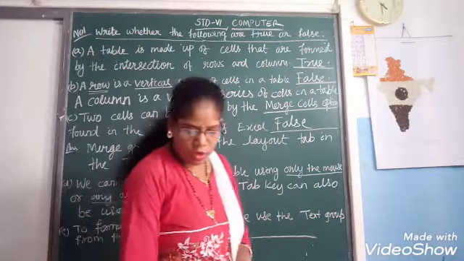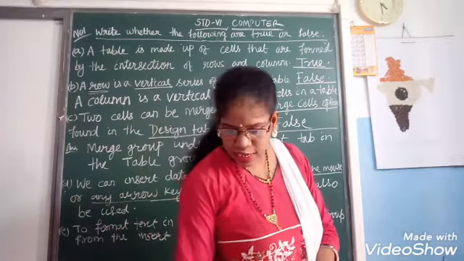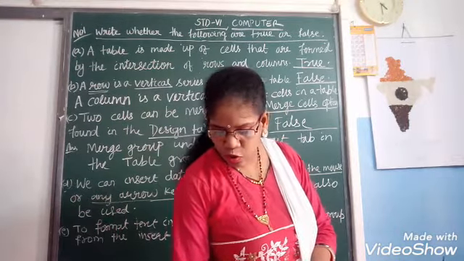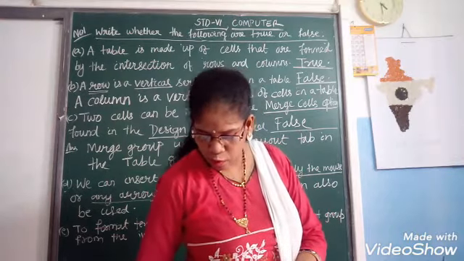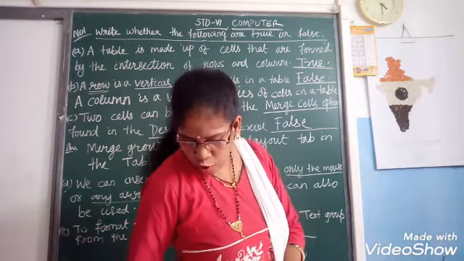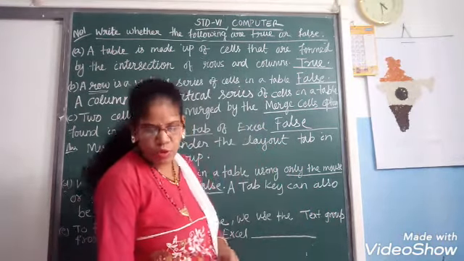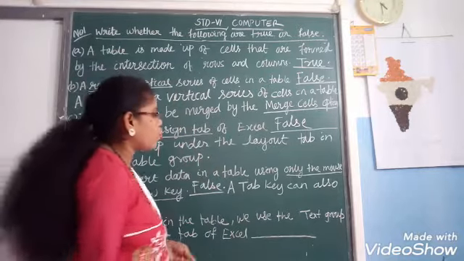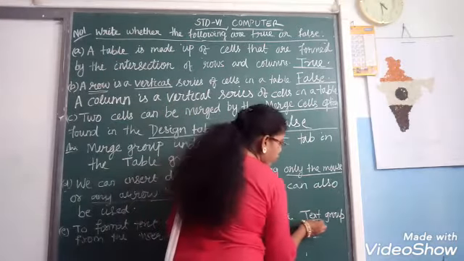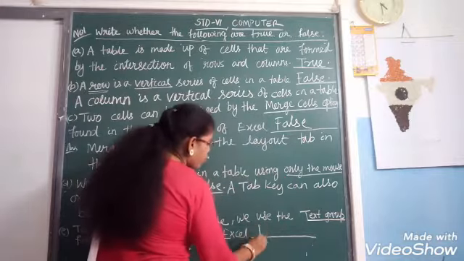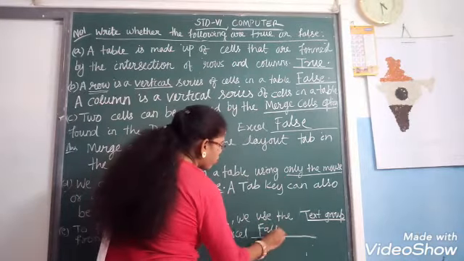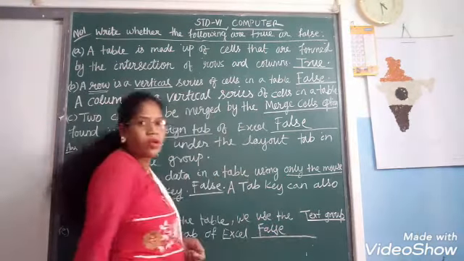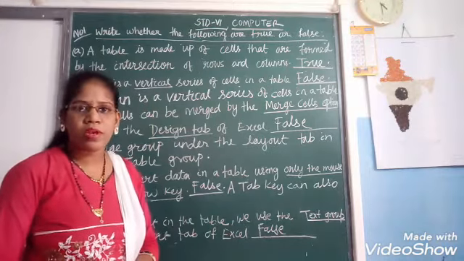What is the next one? To format text in a table, we use the text group from the insert tab of Excel. Instead of text, what will come? This is also false. We use the font group to do formatting.